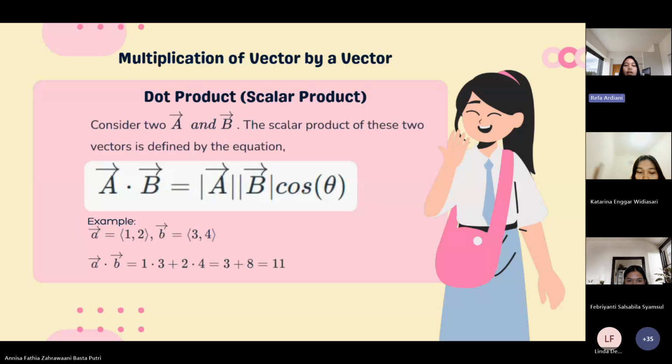To calculate the dot product, we multiply the corresponding components. First, 1 times 3 plus 2 times 4. 1 times 3 is 3 and 2 times 4 is 8. So 3 plus 8 equals 11.